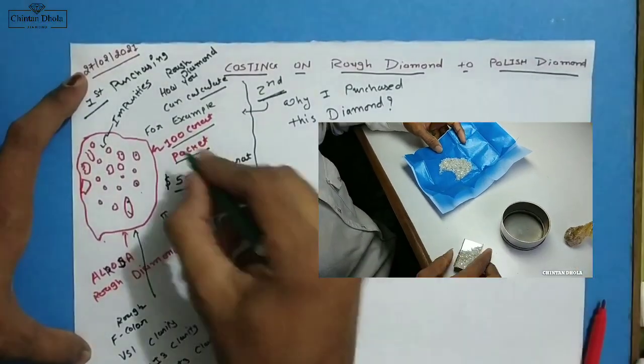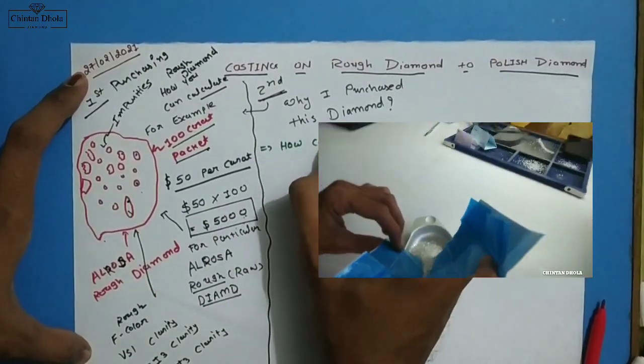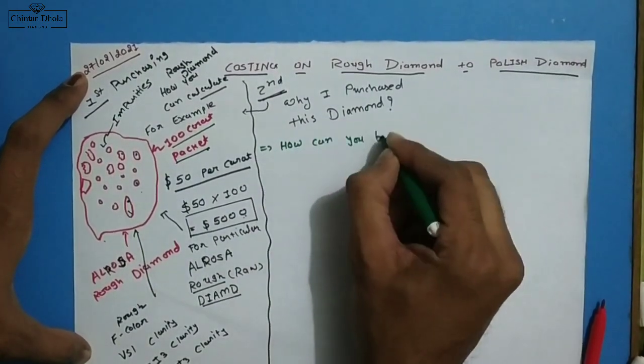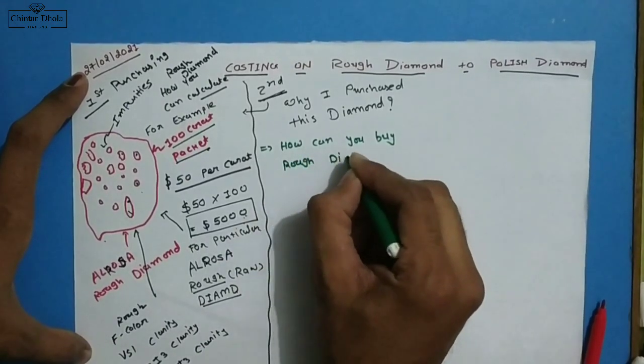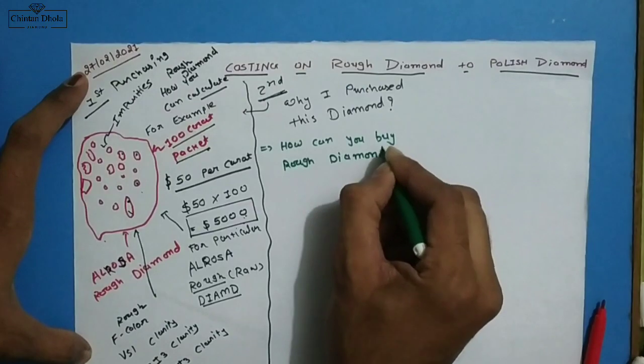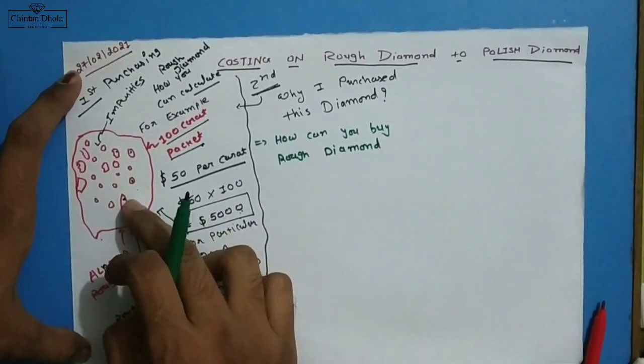Now I will teach you how you can buy rough diamond. I need to buy this packet, but how?